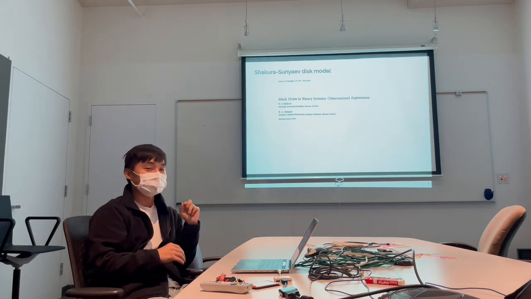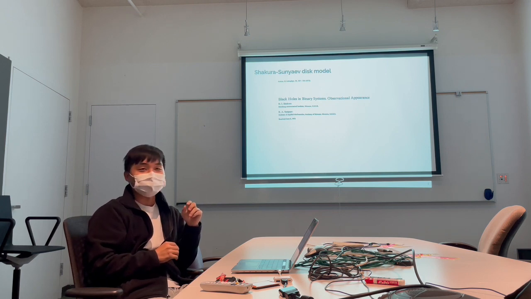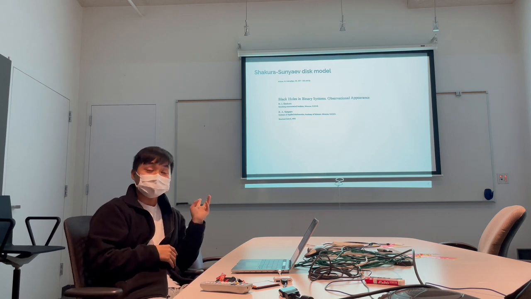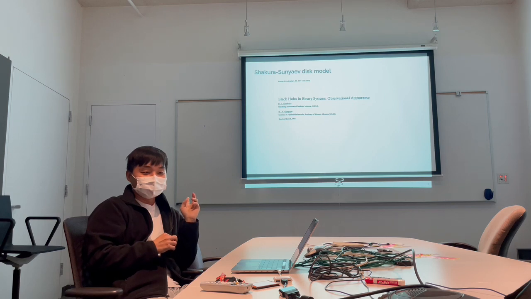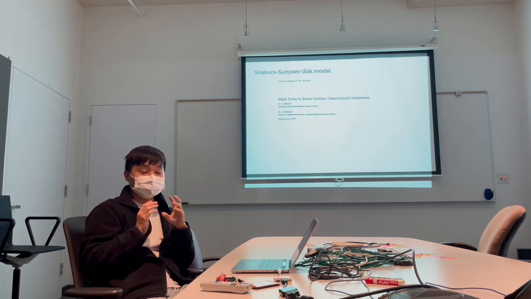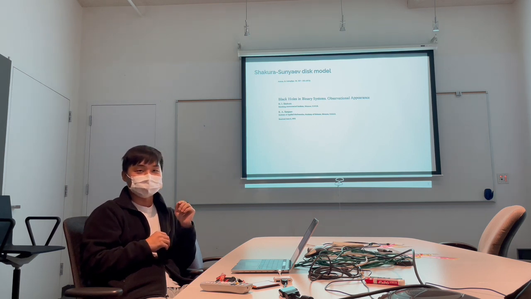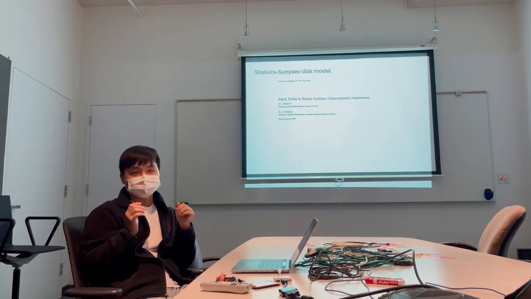And if you read the title, it's saying black holes in binary systems and observational appearance. It should be noted that this paper came out in 1973, and the time that astronomers considered that Cygnus X-1 might be a black hole was the same year, 1973. So at that time, we didn't have a really good understanding of how an accreting black hole would look in the observational sense.